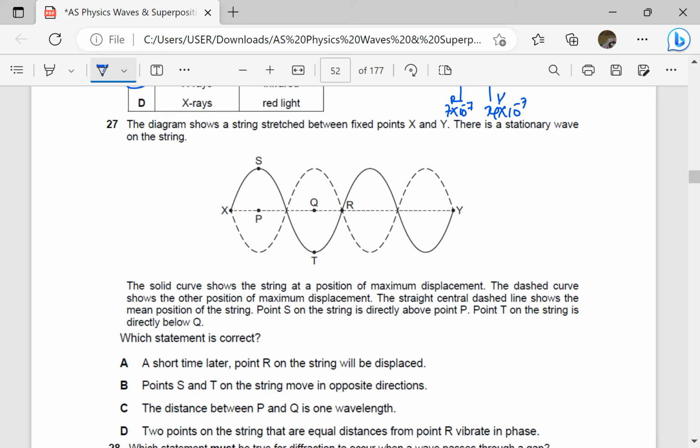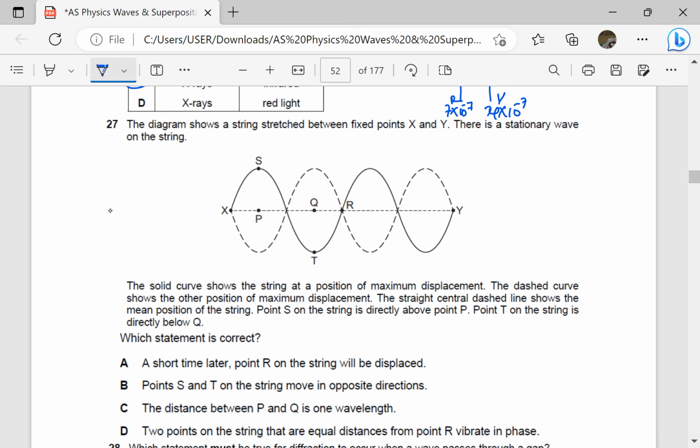The straight central dashed line shows the mean position of the string. Point S on the string is directly above point P. Point T on the string is directly above point Q. Which statement is correct? A short time later, point R on the string will be displaced.